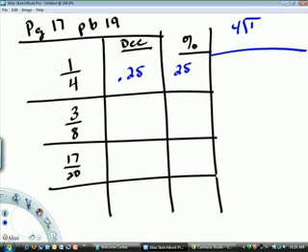Okay, so on the next one, see, sometimes they're not so easy. You have to do the division. So you need to divide 3 divided by 8 on the next problem.